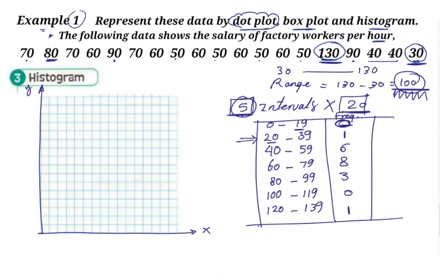Remember, these intervals represent the salary, right? So right here, salary. So this x-axis will be the salary per hour, right? And y-axis is the number of workers.